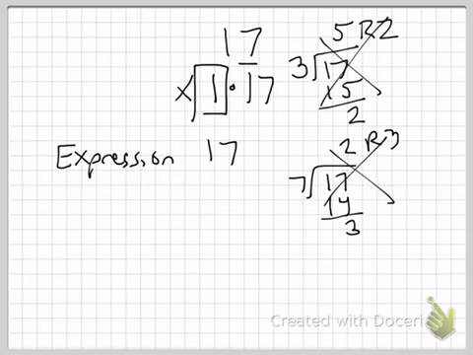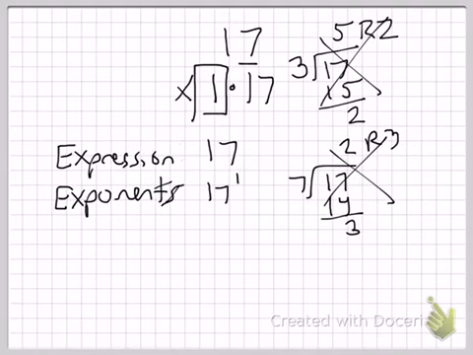Your expression would just be the number 17 with no multiplication. Using exponents, 2 answers that I would accept: 17 to the power of 1 or just the number 17 again. Okay, so if the number's already prime, don't use the 1 because 1 isn't prime and that makes it not a prime factorization anymore.